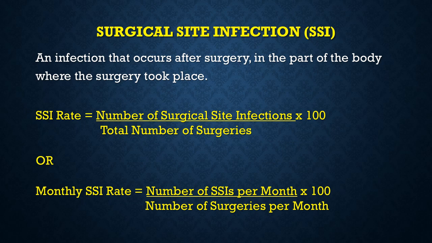The commonest would be the number of surgical site infections divided by the total number of surgeries, multiplied by 100, and that would be your surgical site infection rate at any one time. Now this can be time restricted. You can calculate the number of infections divided by the total number of surgeries in a certain month or a certain year.